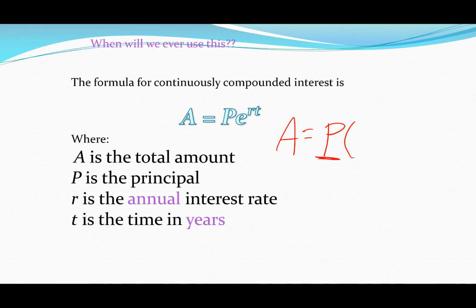It's kind of similar to the exponential growth formula. It's 1 plus r over n to the n times t power, where P represents your starting amount, r represents rate, like 5% or 0.05, and t represents time, like the x represented time before.